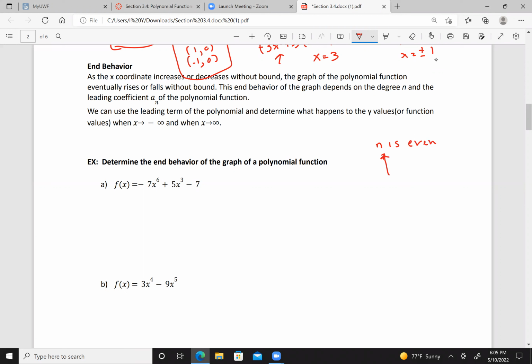So when n is even, we might get this end behavior, and this is when a sub n is positive. Or you might get this end behavior, and something going on in here, when a sub n is negative.